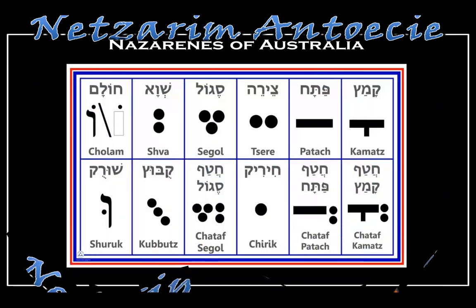And now that brings us to the vowel markings, just to refresh ourselves, remembering that this vav becomes an u, and it's called a shuruk. And you can see that the u sound is a relatively short u, shu. And then this one is also the u sound, but it's kubutz. And we can hear it's a longer u sound, kubutz.